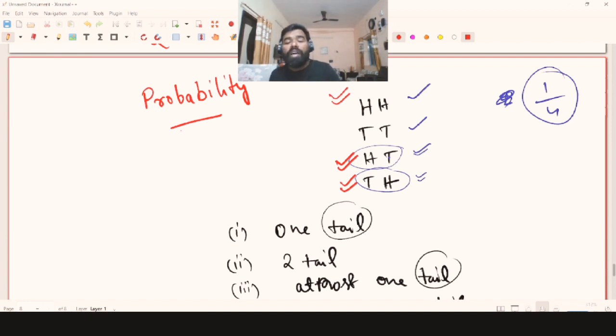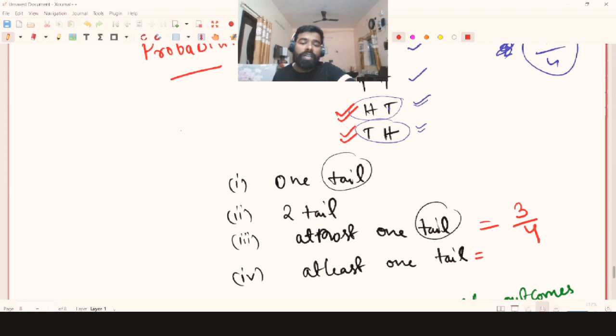Whenever they are asking at most, it means maximum one is fine, and if there is none, that is also okay. But if you have any, then you should have only one. That means for the at most case, three cases are favorable. So 3 by 4.